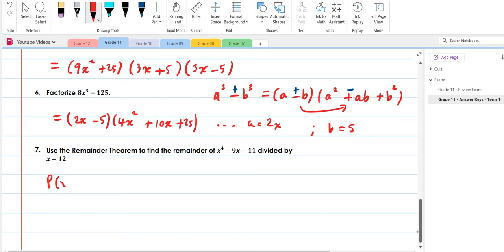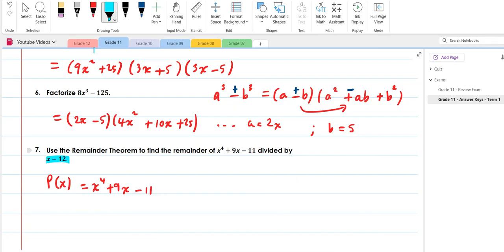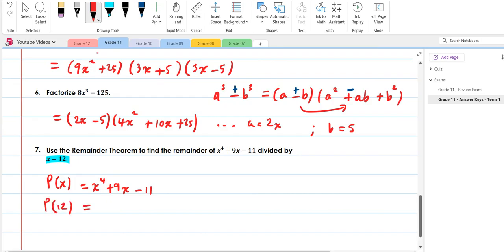You can just say p of x equals x to the power 4 plus 9x minus 11, and we can just substitute the zero of this divisor, which is 12, because we want the remainder only.